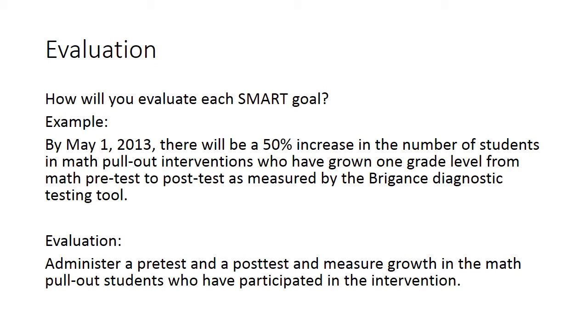You also think about evaluation. So there's the issue, there's the SMART goals, there's strategies to accomplish the SMART goals, but at the end, you have to think about how you will see if you were successful.